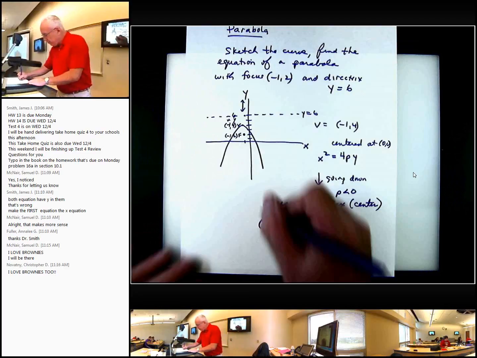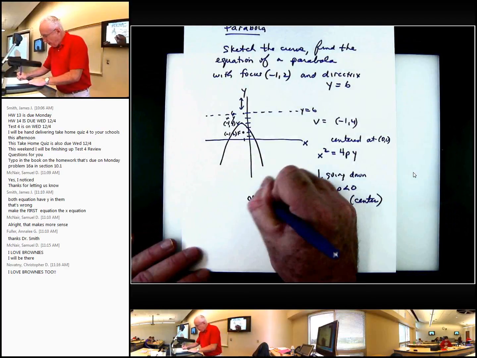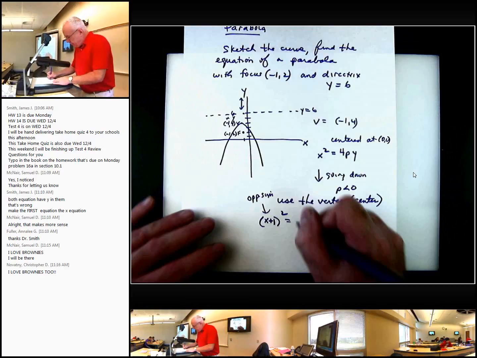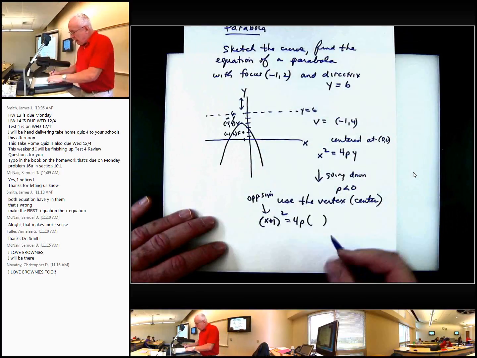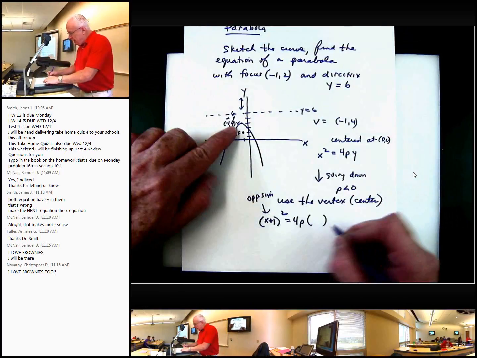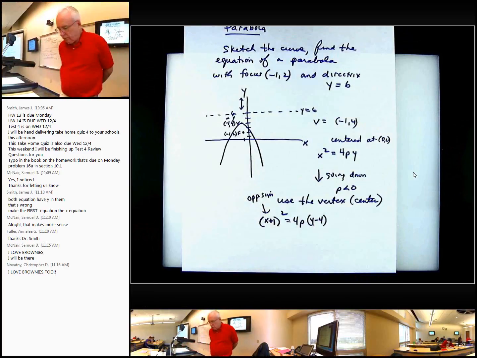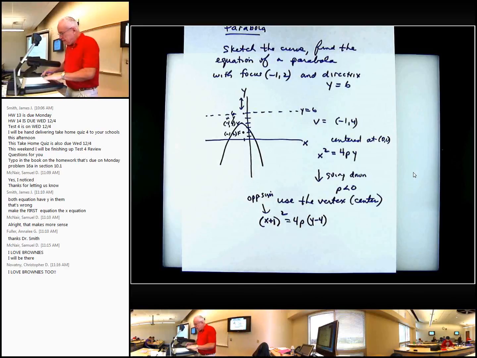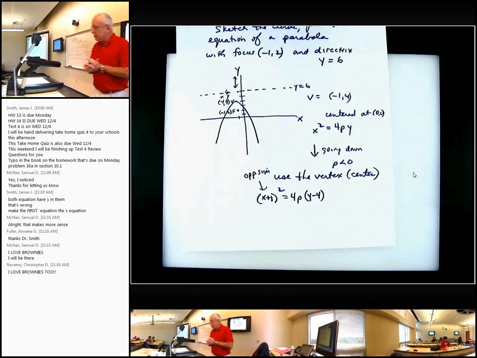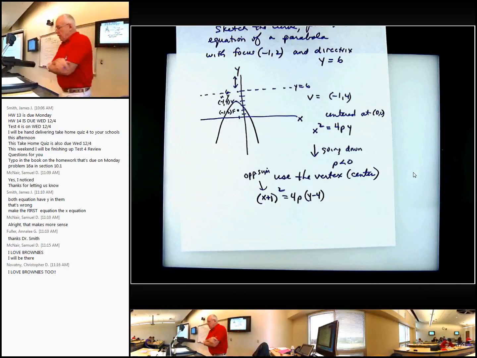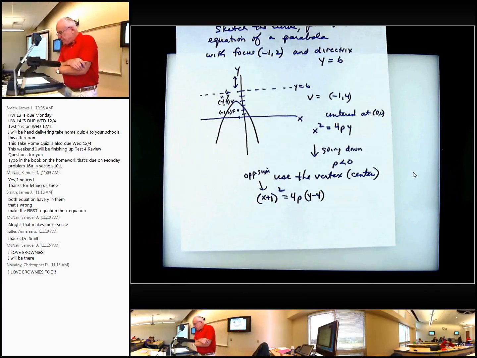Opposite sign. Equals 4p, and then y, again our y here is 4, but it's going to be opposite sign, y minus 4. Okay, so this is what we've been able to get so far, knowing the center and knowing that it's oriented vertically. All right, so we now have to be able to get p.